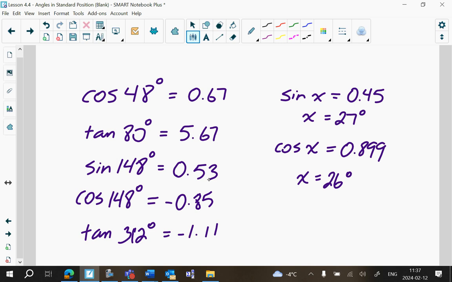This is one thing we're going to look at: how we deal with the trig of angles that are greater than 90 degrees and less than 360 degrees. Because we do deal with angles of those measures. We do deal with obtuse angles quite a bit, between 90 and 180, and even ones greater than 180 we can still deal with.